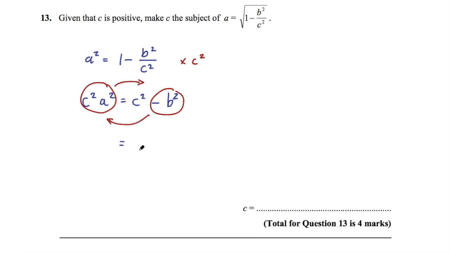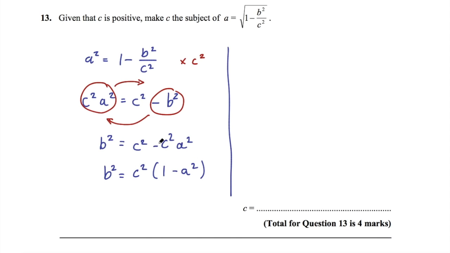So on my next line I get c squared minus c squared a squared, so I've subtracted that whole term from this side, and I add b squared to the left hand side. Okay, and now I can factor the right hand side. Can you see a common factor here? The common factor is c squared, so I take c squared out of both terms and I end up with 1 minus a squared in the brackets, and I've still got this b squared on the left hand side.